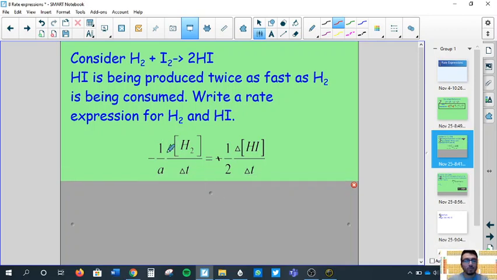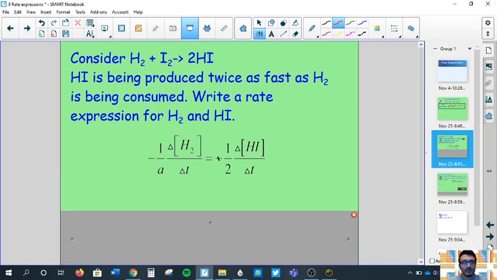So 1 over a, which will be just the number 1, so it'll be 1 over negative 1 times the rate of change in concentration over time, that would be the rate of consumption of hydrogen, is equal to 1 over 2, because of the coefficient in the balanced reaction, times the rate of change of hydrogen iodide, change in concentration over time.